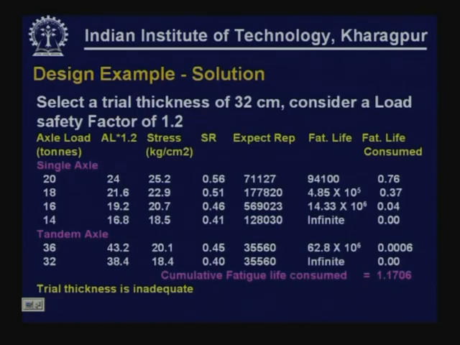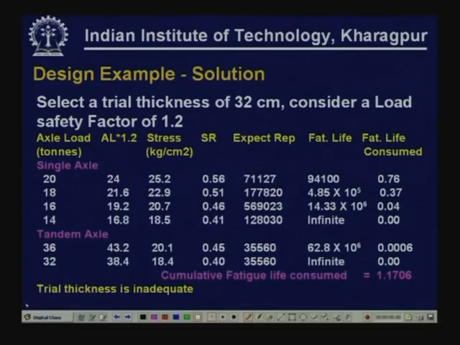We have selected a trial thickness of 32 centimeters and a load safety factor of 1.2. The axle load is given here, and the axle load multiplied by the load safety factor of 1.2 is also given. The corresponding stress as read from the chart is given, and the stress ratio, stress divided by modulus of rupture, is given. For this, the expected repetitions as shown in the previous slide are given.